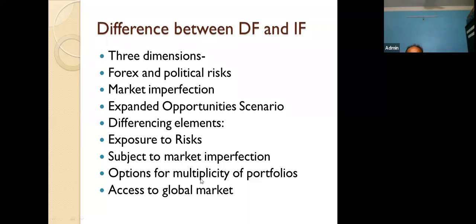Options for multiplicity of portfolio. Every company should go for a multiple product mix. There has to be a product mix. Now, let me give an example. Suppose you are talking about a sugar factory.